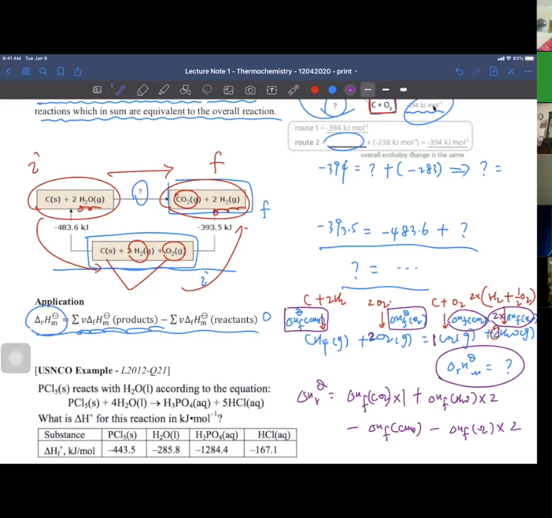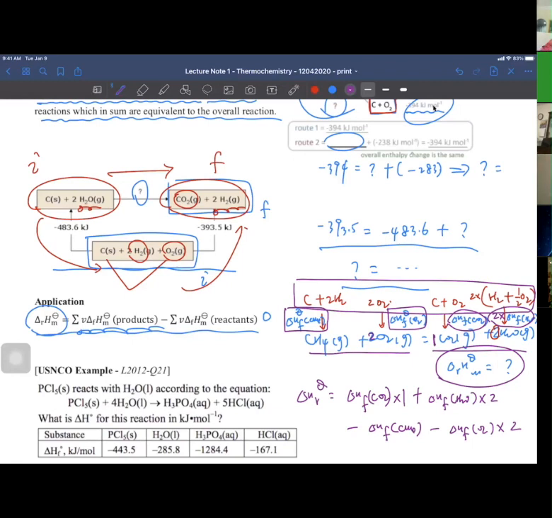So this is exactly the application of the Hess law, because you can say our initial states are all those elements, right? And then for the final states, you can make a circle by yourself to make a loop, and then you should get the results.